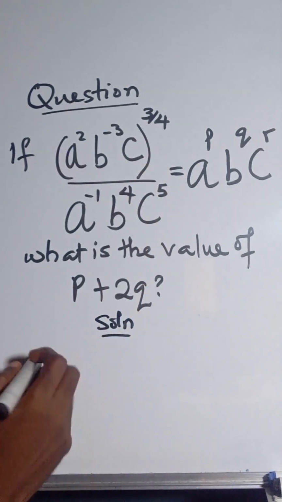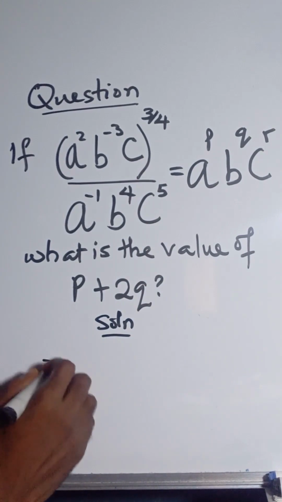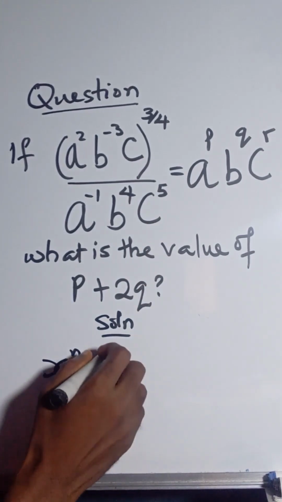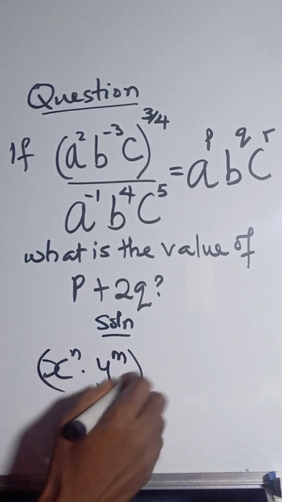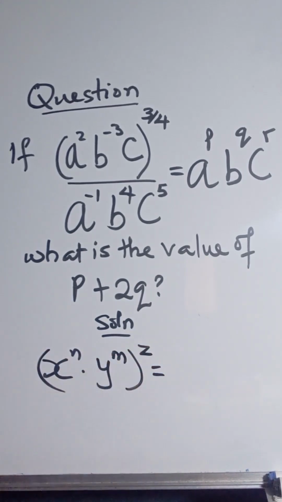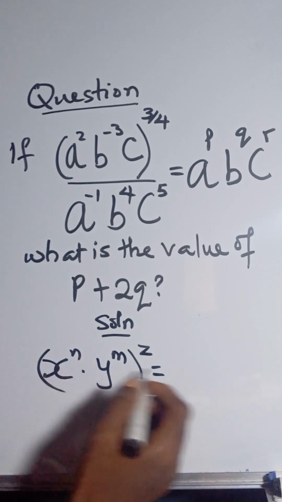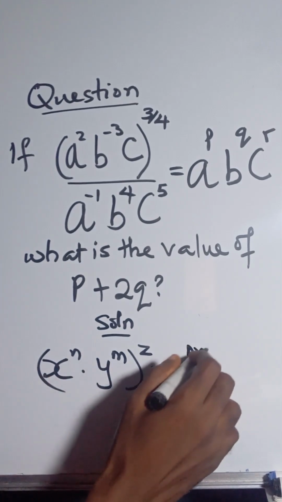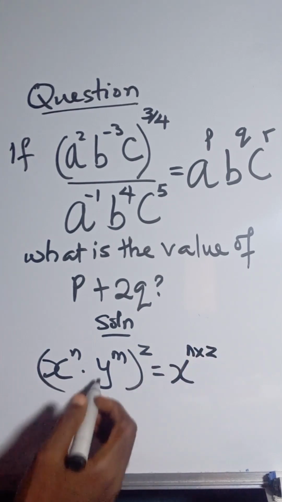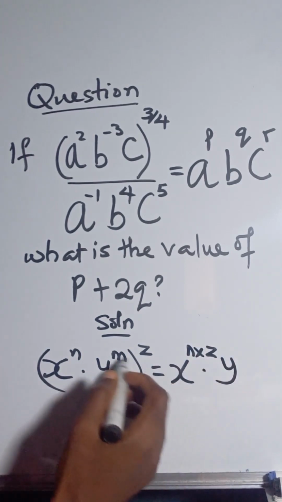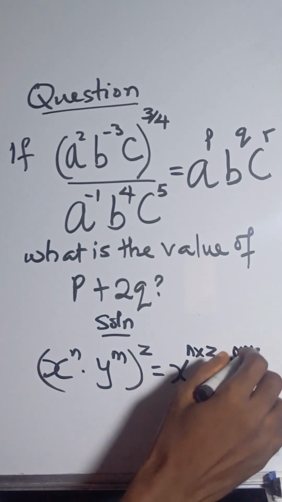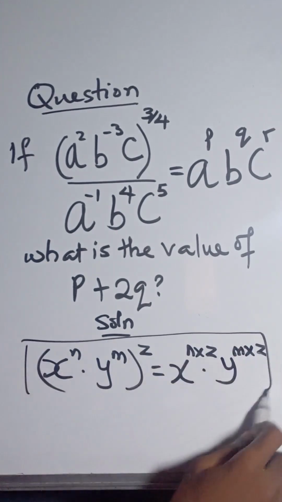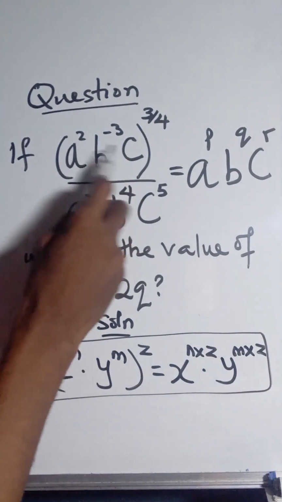Remember, we have a law of indices: if I have (x^n y^m) raised to z, this means that x's power n will multiply z, and y's power m will multiply z. So having established this, we are going to apply it here.